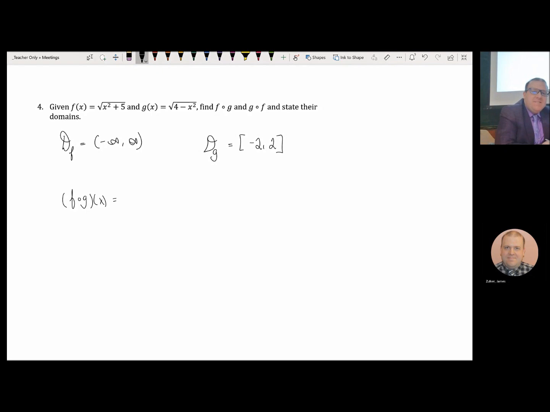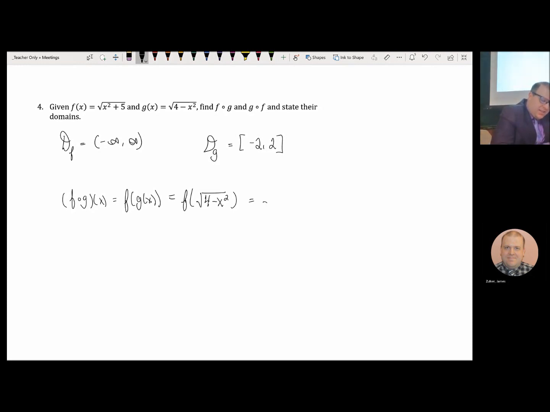F of G. F of square root 4 minus x squared.